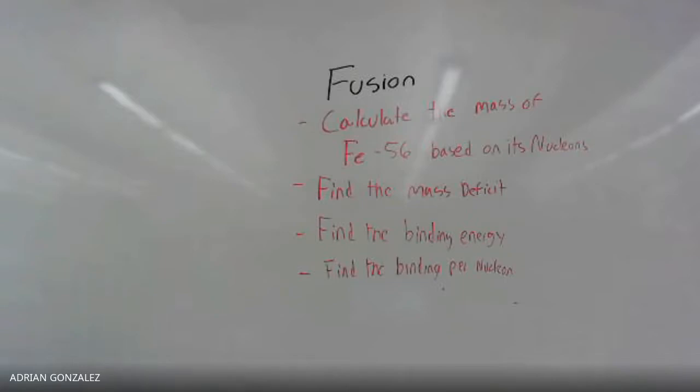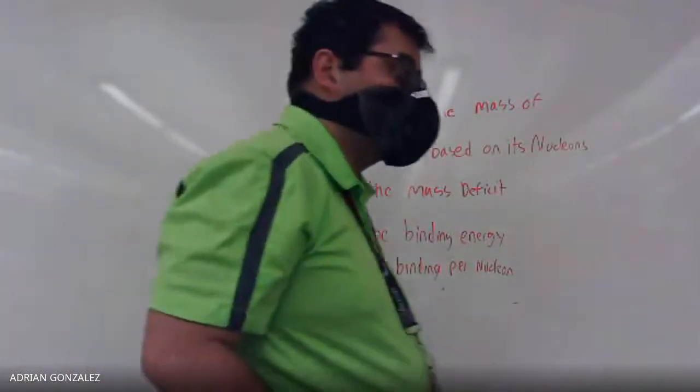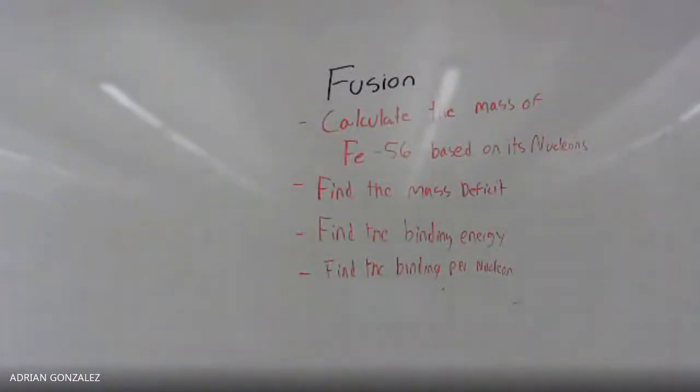You finished? How do you get 9? I'm doing it in U. What do you do, kilograms? It's in U. It's 1.0073 U per proton.